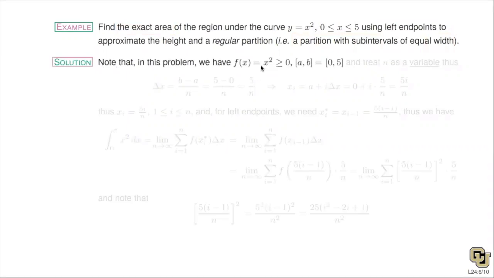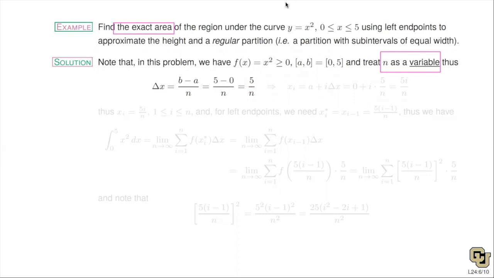Okay, so this starts the same way as the approximation problem. I identify the function and the interval, but here I remember to treat n as a variable. Now find delta x in the usual way. I take the length of the interval, 5 minus 0, divide by n, which is now just the letter n.